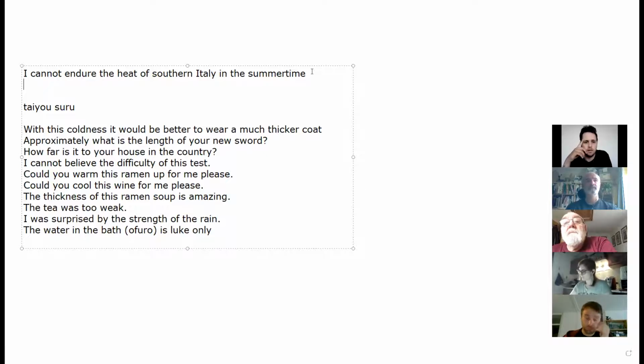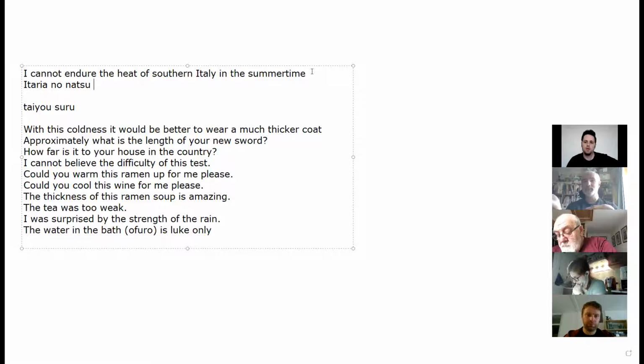So, Itari no natsu. The heat. So atsu was hot and heat was netsu? No, netsu would actually mean the transition of thermal energy.